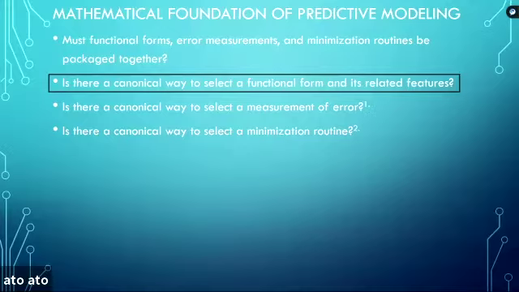Very briefly, though, there are at least two canonical ways to select a measurement. One is that the minimization of sum of squared errors always works, and that's because of a property known as the conditional expectation, which we'll talk about in a moment. The other comes from the maximization of the likelihood function.